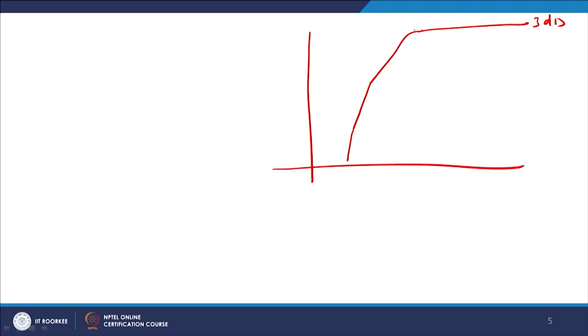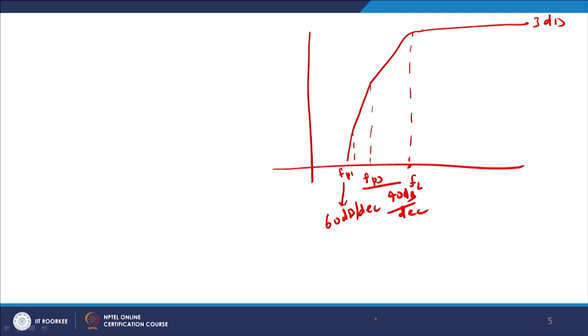If you look very carefully, this is your FH, this is your FL, and this is your FP3 and this is your FP1. This gives you approximately 60 dB per decade drop, this gives you 40 dB per decade drop, and then FL is the low frequency gain which you see.